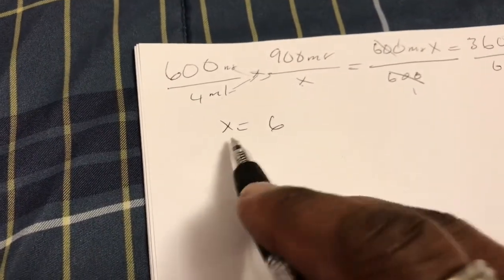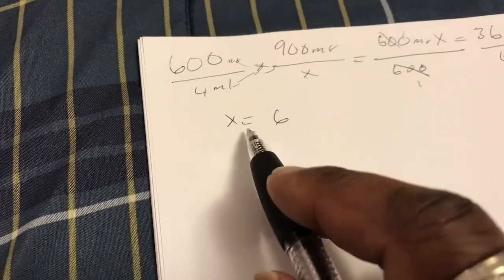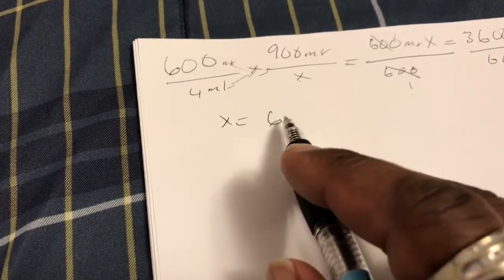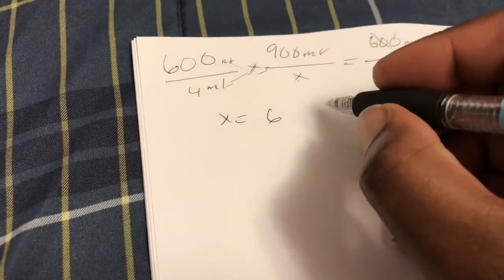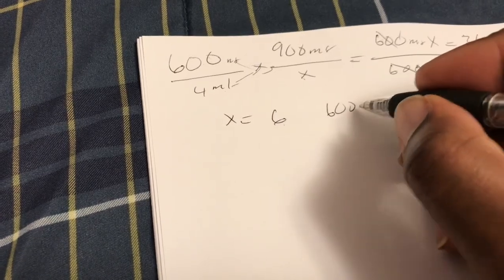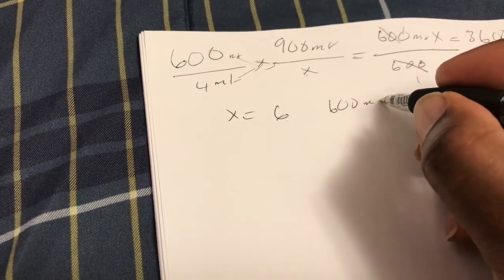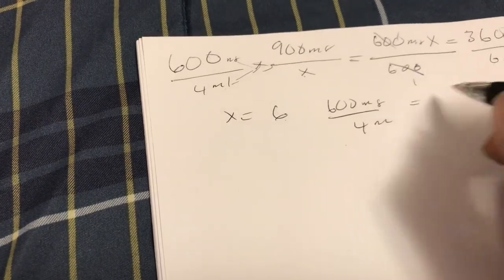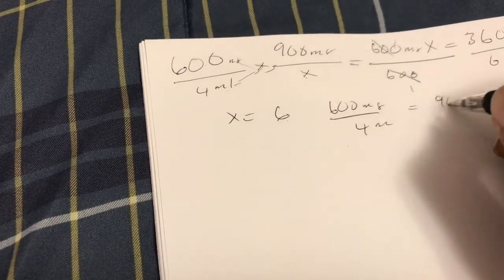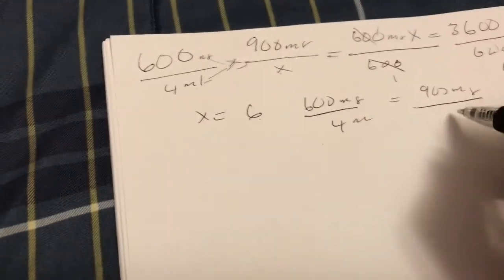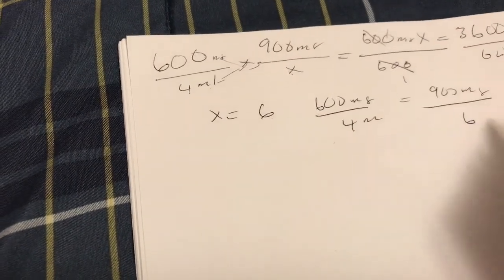And if you want to work it back to make sure you got the right thing, to know that you need 6 mLs to get 900 milligrams, you can do this as well. 600 milligrams over 4 mLs is the same as 900 milligrams over 6 mLs.